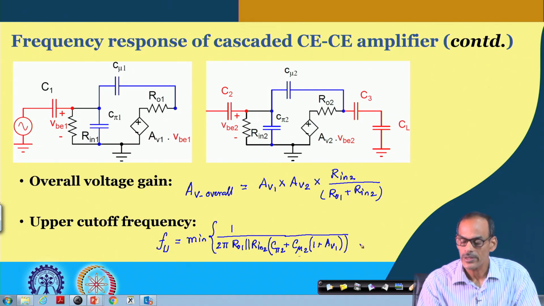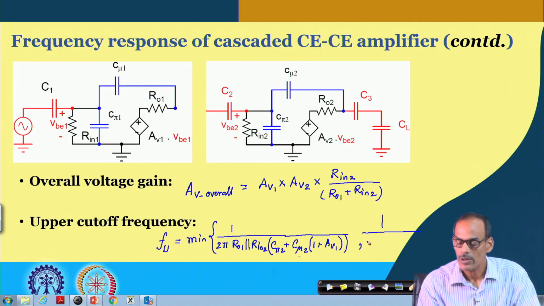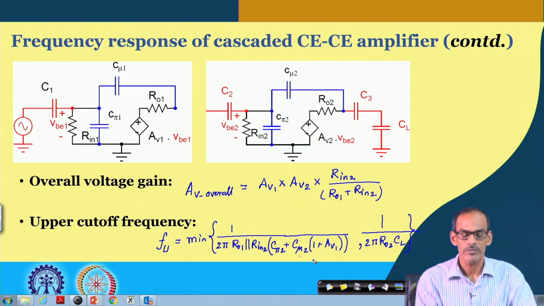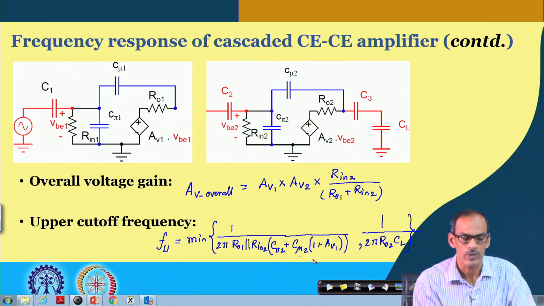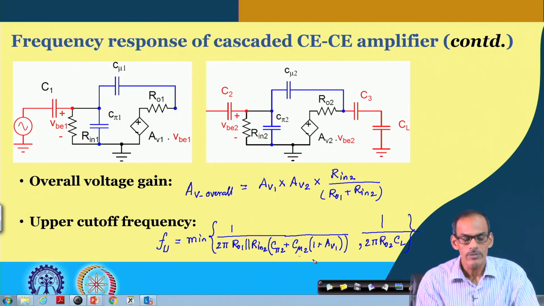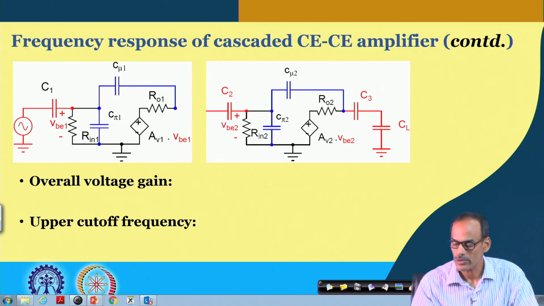This is one candidate, and the other one is the original one, 1 by 2 pi RO2 multiplied by CL. Out of these two, whichever is minimum we have to consider as the upper cutoff frequency. The similar kind of exercise can be done for the common source amplifier, so let us look into the common source amplifier also.